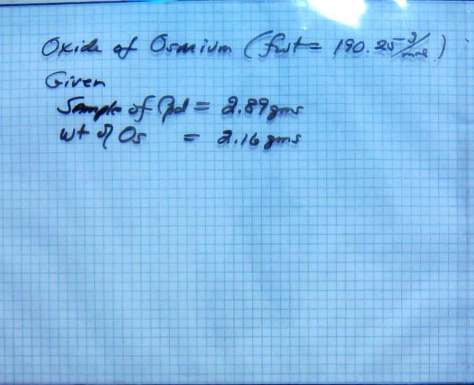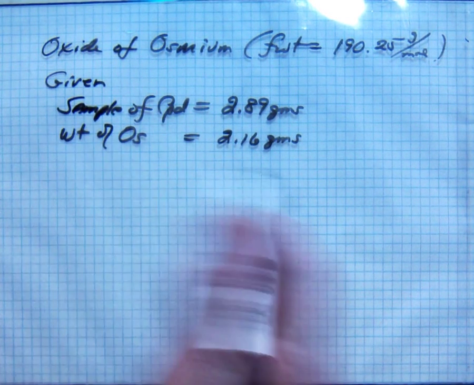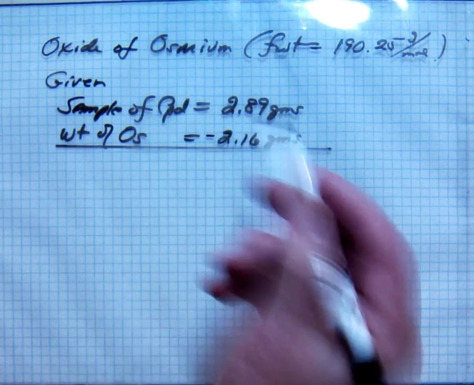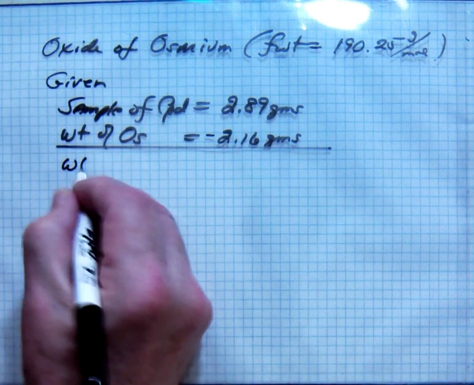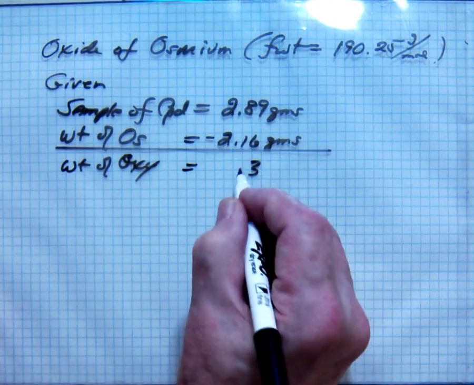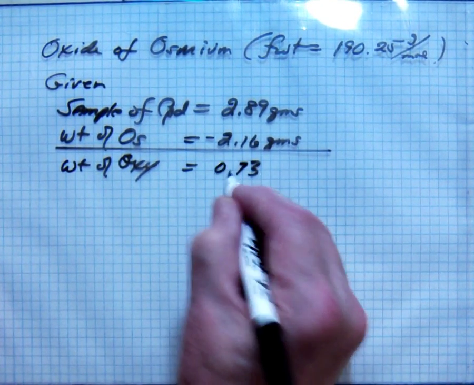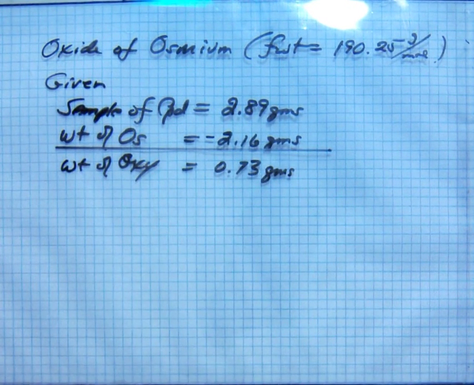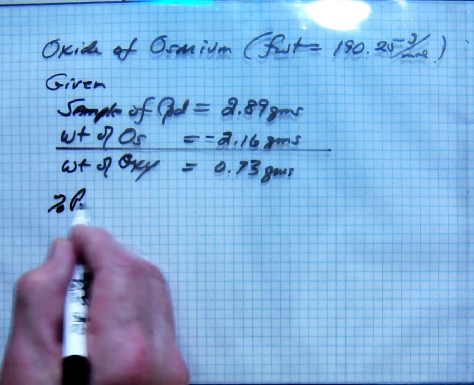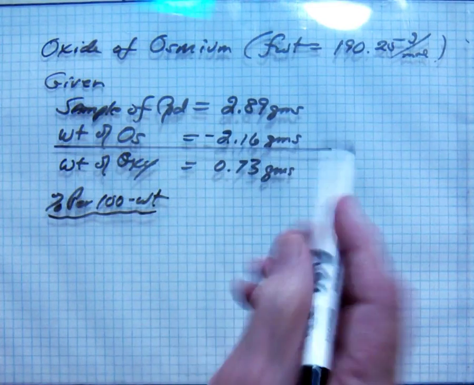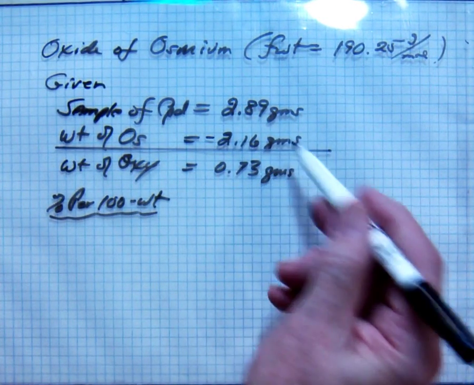Part over total times 100. This is how you do it. Now, of course, we need the weight of oxygen. You simply subtract these two and you'll get the weight of oxygen in the formula. Like that. Then the percent per hundredweight is simply calculated in terms of part over total.